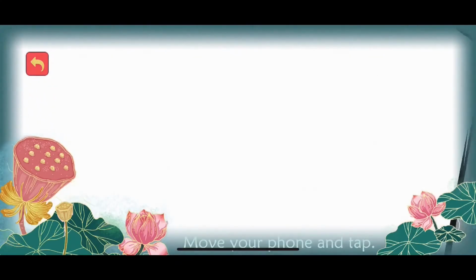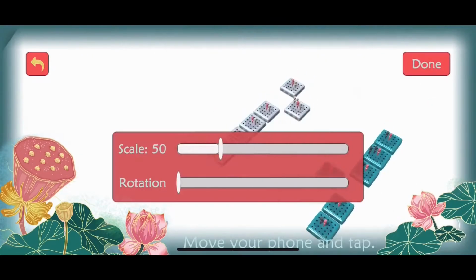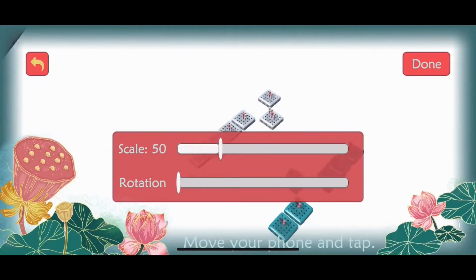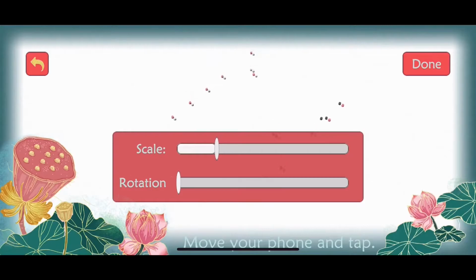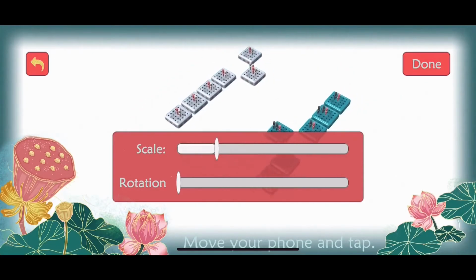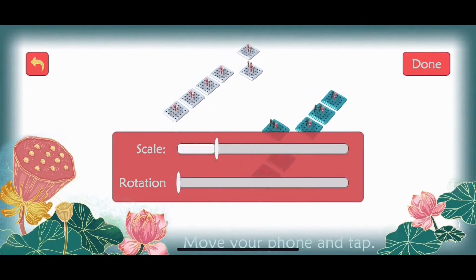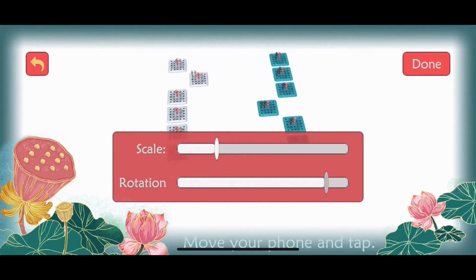It goes into this standard plane detection mode for augmented reality. So I'm just going to move my camera around a little bit until I've got a nice big plane, and then tapping on that plane will place the board, and then I can scale and rotate it using these sliders.